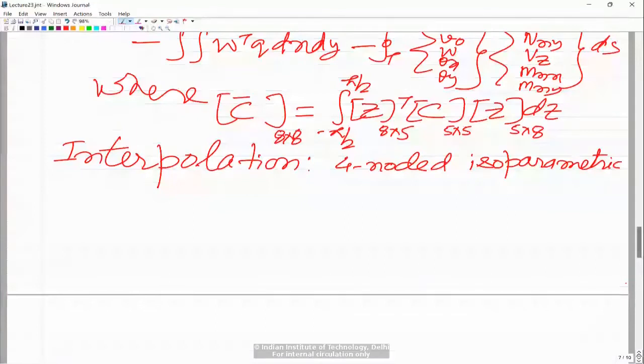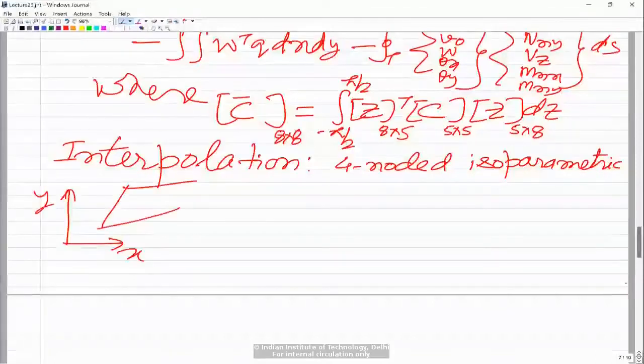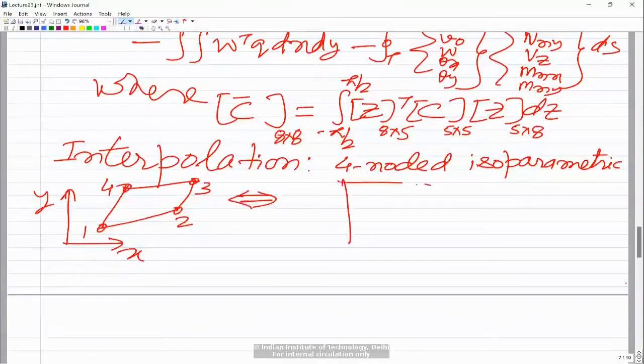So the element in the physical coordinate space can be any arbitrary quadrilateral. These are the local node numbers, and then this element is mapped to a natural coordinate space. So in the xi eta coordinate space, we have xi and eta. The node numbers 1, 2, 3, and 4 in the physical and natural coordinates have one-to-one correspondence.